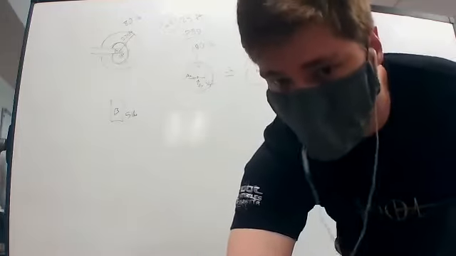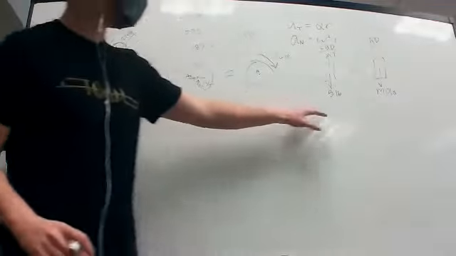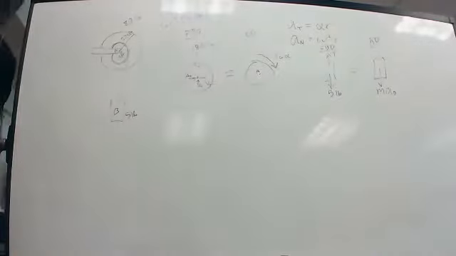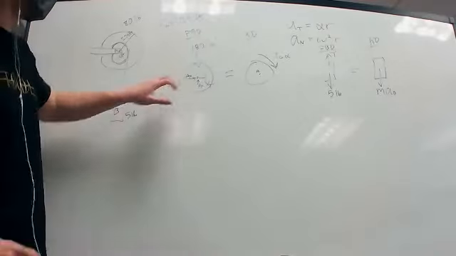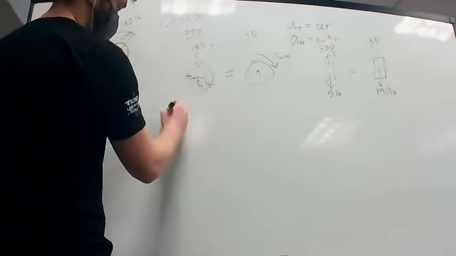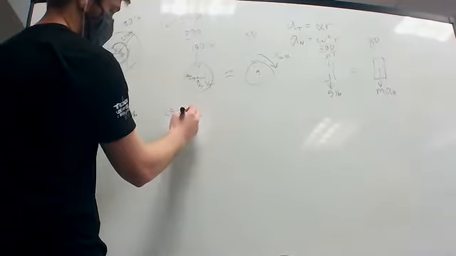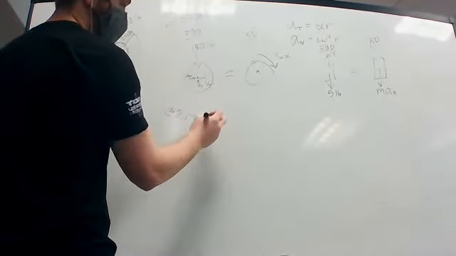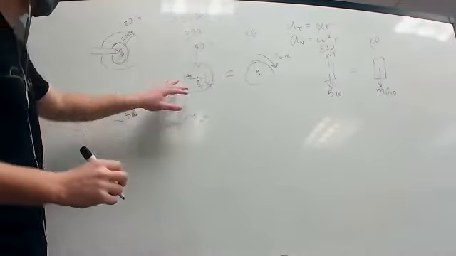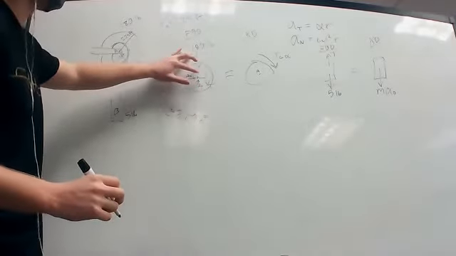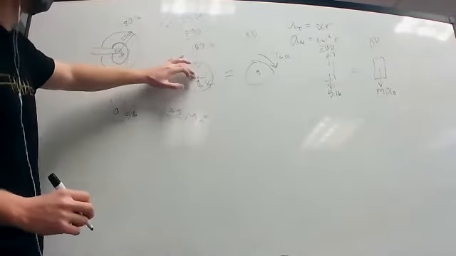Okay, so now that we have our two sets of diagrams, the spool and the block, we can start off with a sum of the moments about the center of the spool. So we can do sum of the moments about A equal to, the AX, AY, and weight are all going to cross off because they all pass through the center.